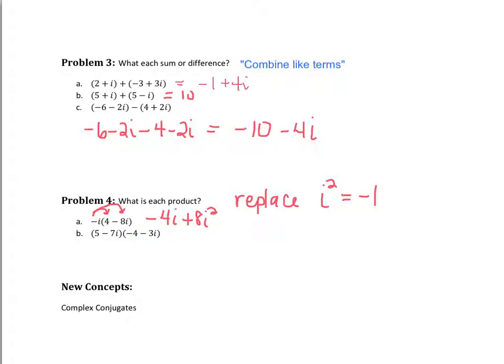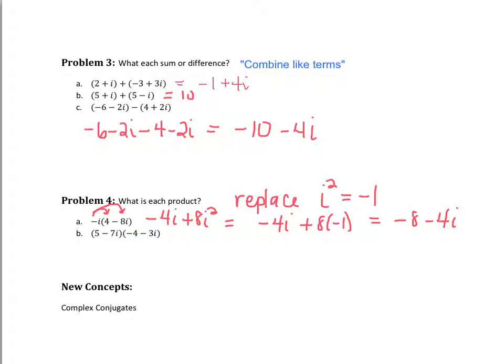I times i is i squared. So then you're left with -4i plus 8 times -1. And then I'm going to put this in complex form a plus bi, so I get -8 minus 4i. Put the real part first, the imaginary part second.